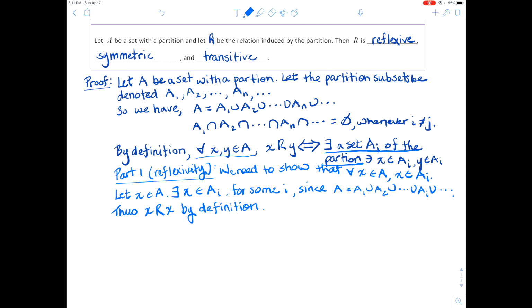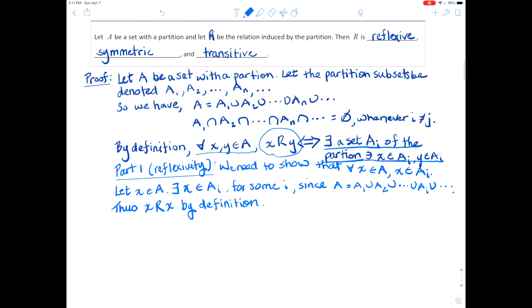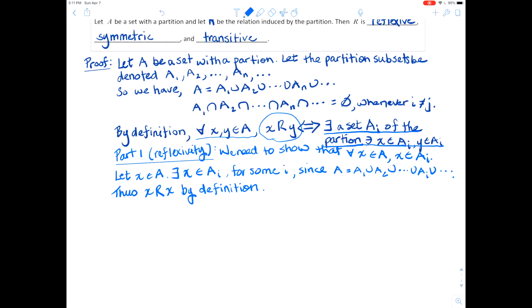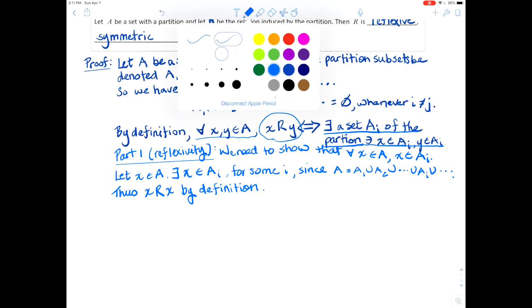So therefore, by showing that x belonged to the partition, we were able to show that the output also belonged to the partition. And thus, by definition, that proves x R y. But in this case, it was x R x. Cool? Okay, so that one's done, and we're on to the next.